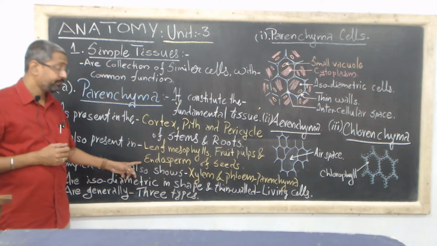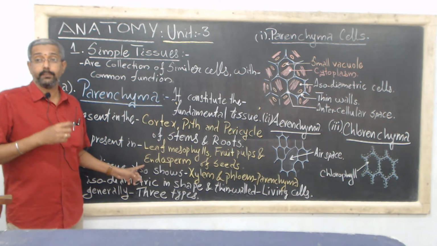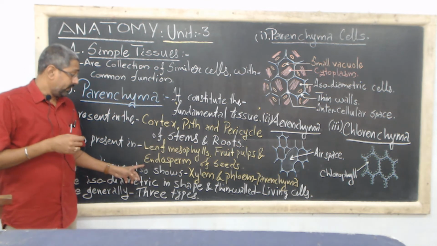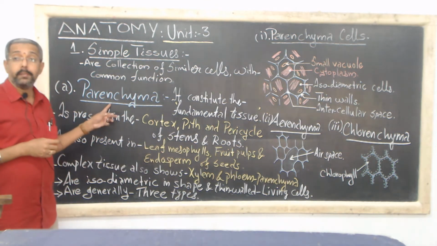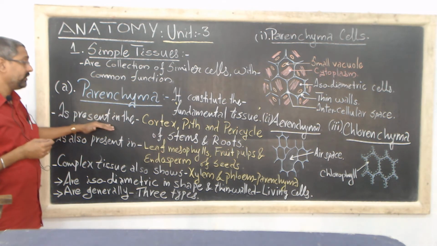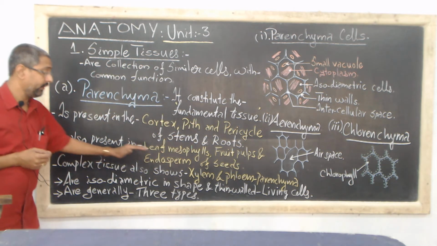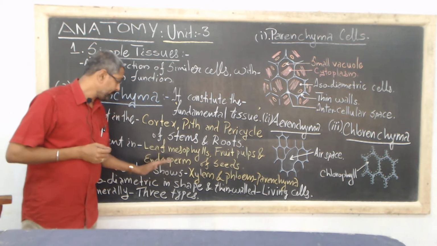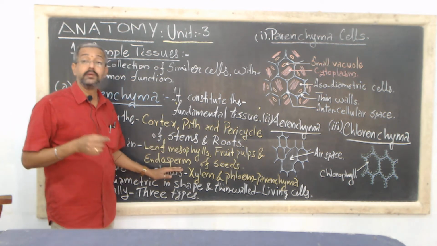Similarly in a seed, the endosperm is also constituted by parenchyma cells. So parenchyma is present in the cortex, pith and pericycle, and also in leaf mesophyll, fruit pulp, and the endosperm of seeds.